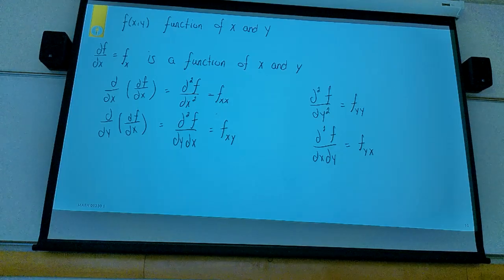Those four partials, aren't they still functions of x and y? Which means you could take the partial with respect to x and y of each of those. Those would be your third order partials. How many would you have? 8. There's 8 of them.